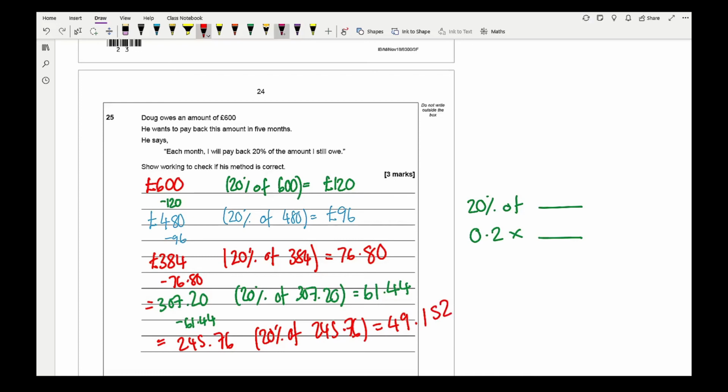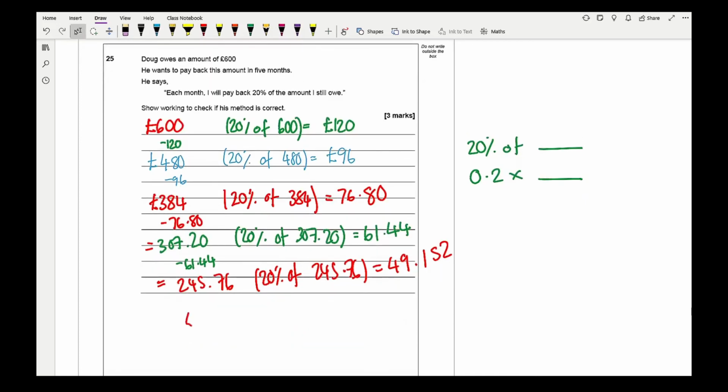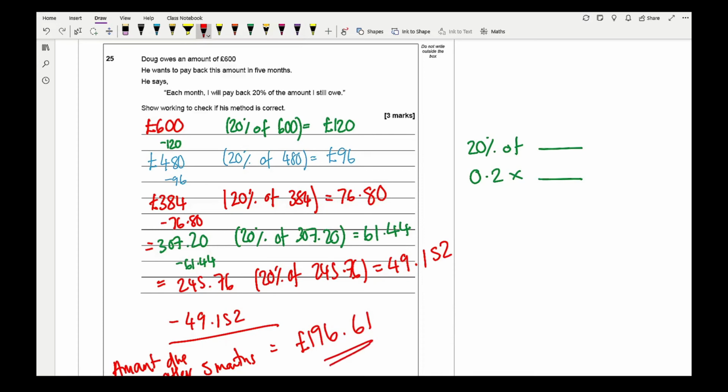So now if I take that away, the amount due after 5 months is going to be equal to 245.76 take away £49 and roughly 15 pence, leaves me with a closing balance of £196.61 to pay. So Doug's method is incorrect.